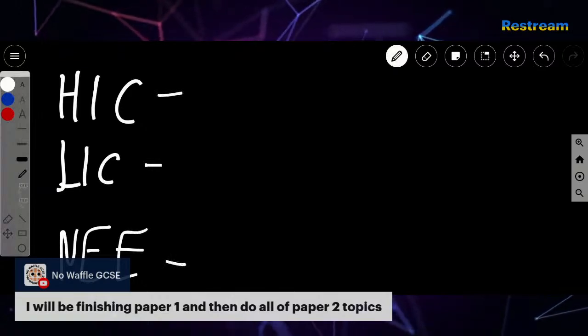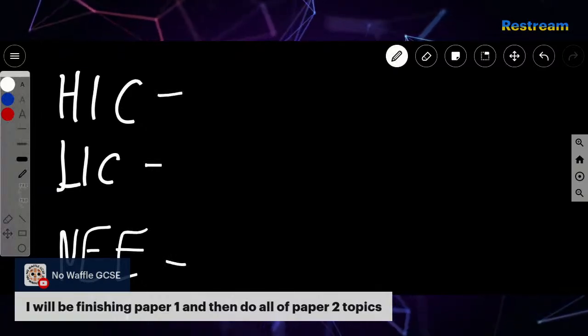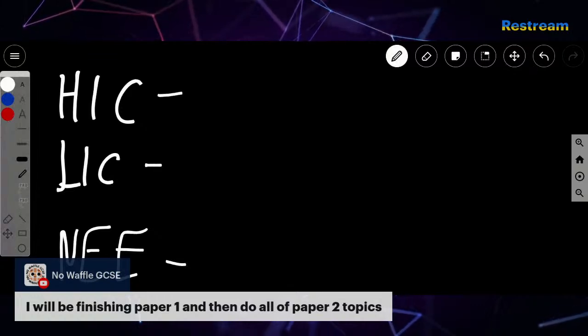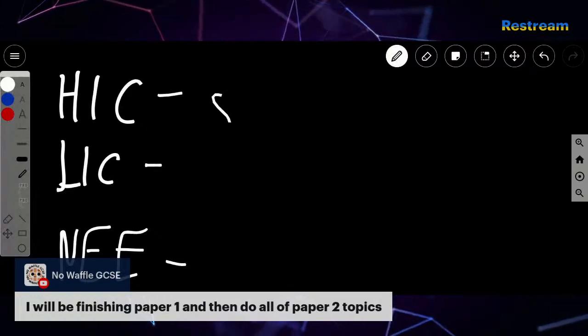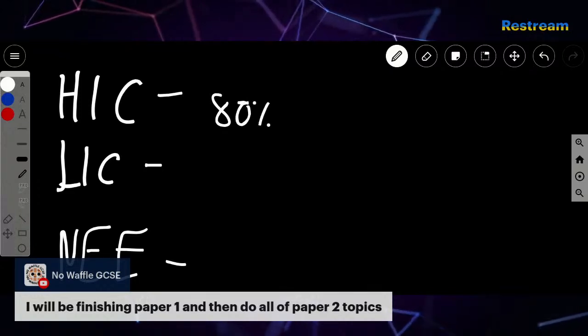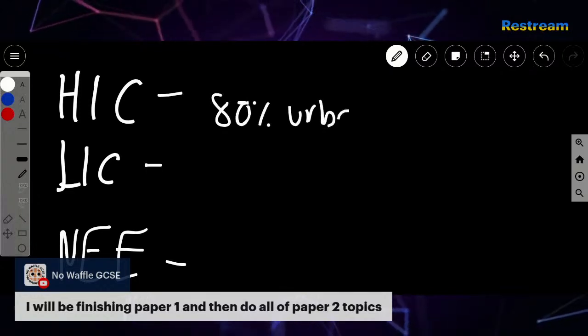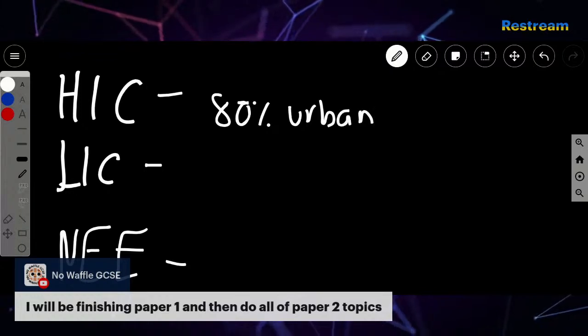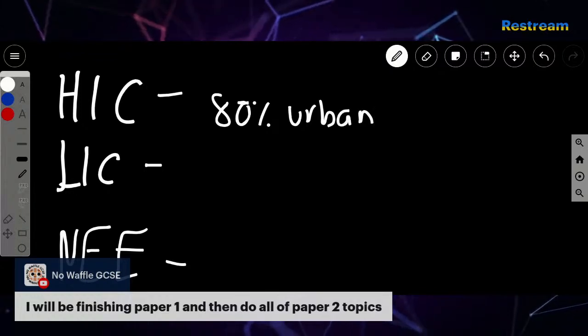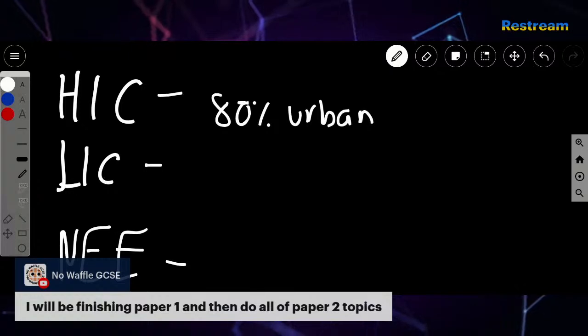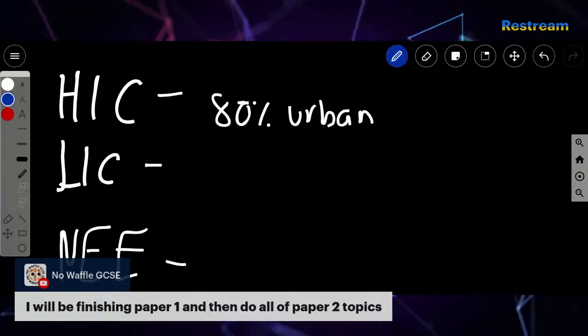And the reason is because most people have already experienced urbanization. Around 80% of people who live in HICs already live in urban areas. Therefore, the rates of urbanization would obviously be low. And that is why it's actually under 1%.